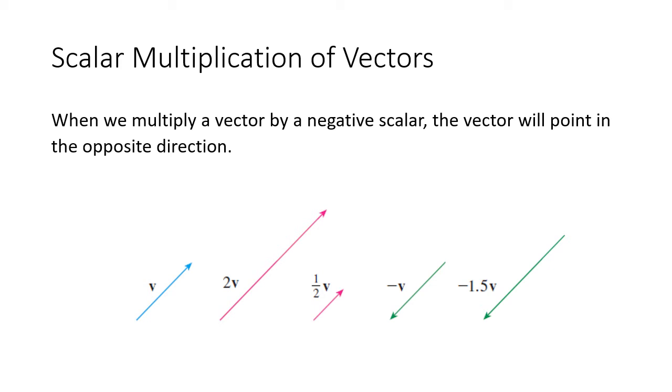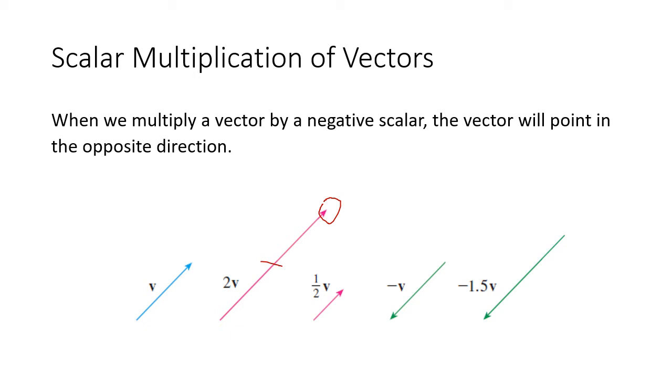Now, geometrically, when I multiply a vector by a negative scalar, that means that vector is going to point in the opposite direction. And so I have a couple examples here. So vector v, 2v means it's going to be going in the same direction, which means the tip of the arrow is still pointing in the same direction. It's just twice as long. 1/2 v, again, same direction, but half as long as v.